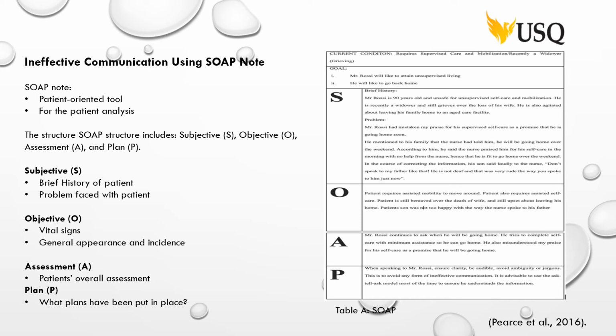And we're now going into the subjective part of this. Mr. Rossi is basically a 90 years old man who is unsafe for unsupervised self-care and mobilization. He is recently a widower, as mentioned before, and is still grieving over the loss of his wife, and is also agitated about leaving his family home to an aged care facility.